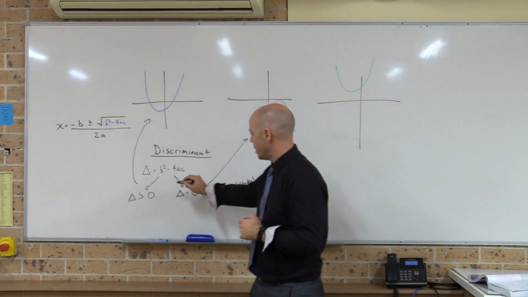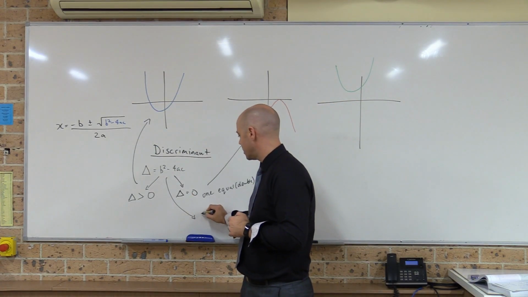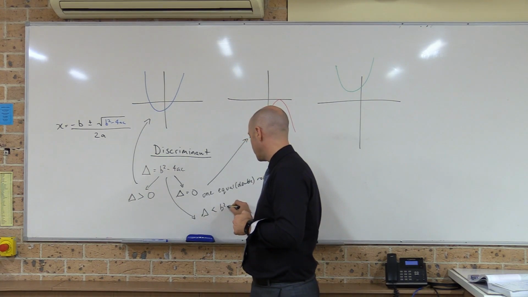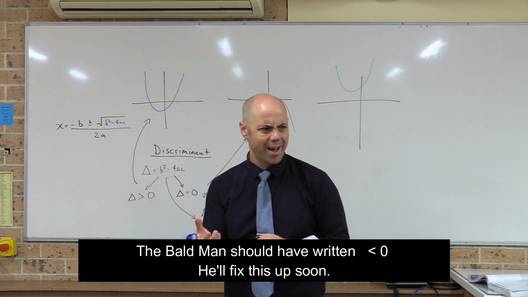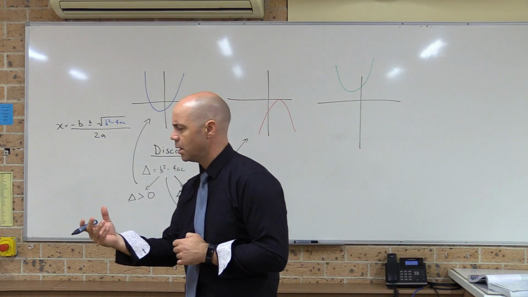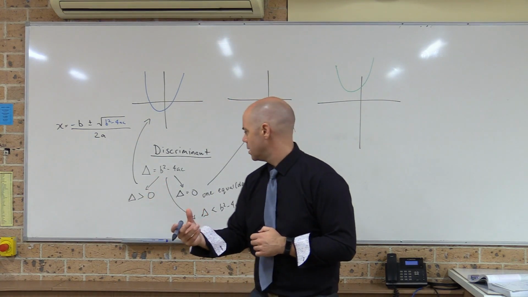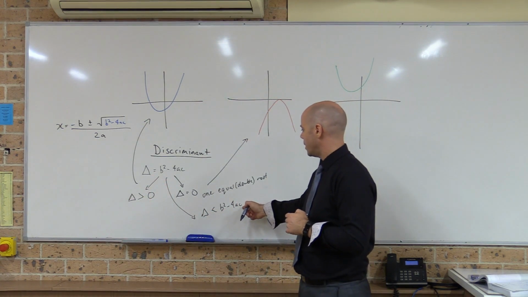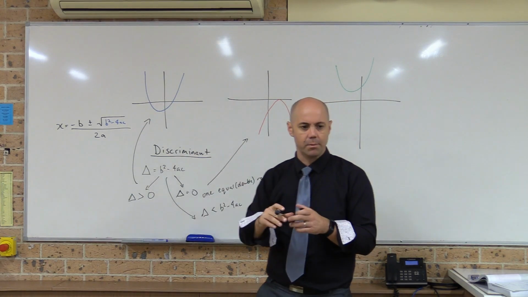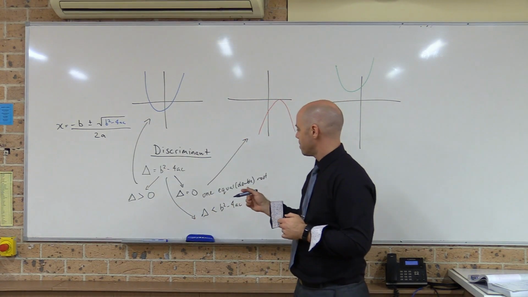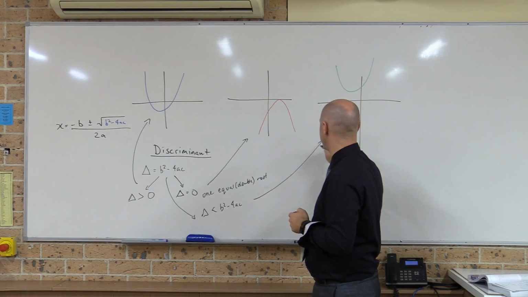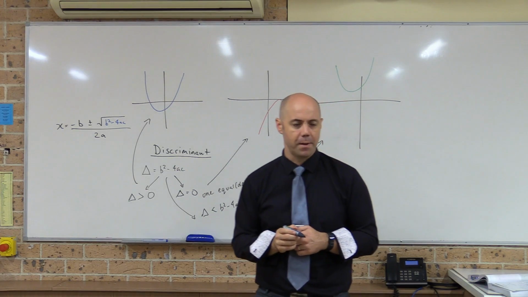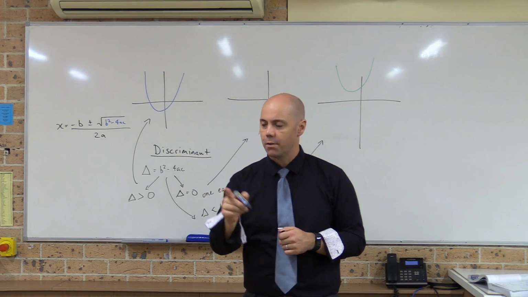Or it could be that the discriminant is less than 0. It's going to be negative. And again, that's what we know we can't have inside a square root sign when we're using real numbers. So if you plug that into a calculator, you come up with a maths error. But in those situations, it's actually alerting us to the fact that it's this type of parabola, the one that never crosses the x-axis.